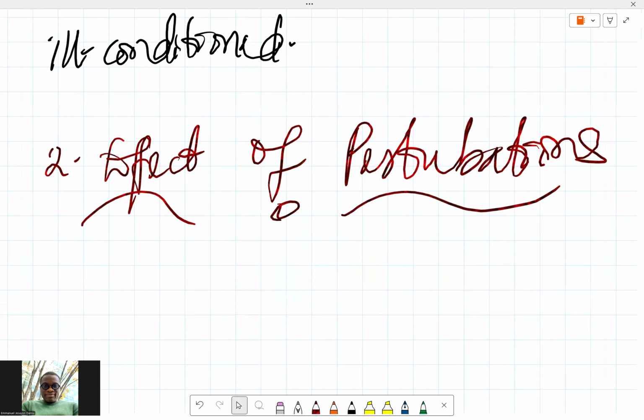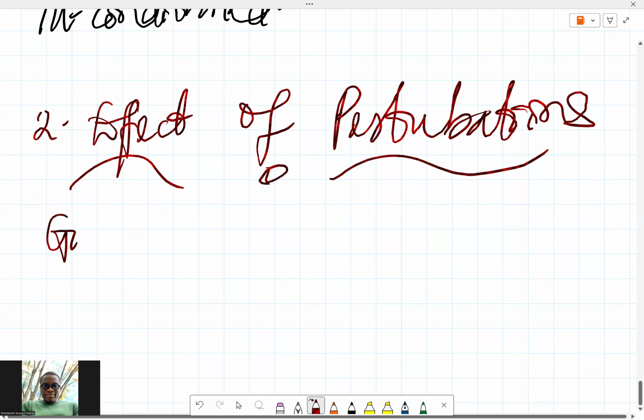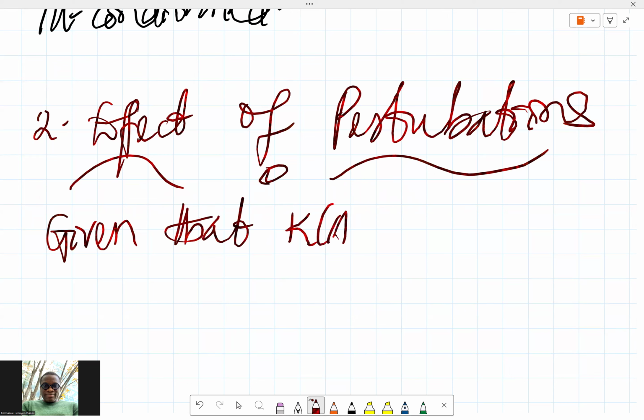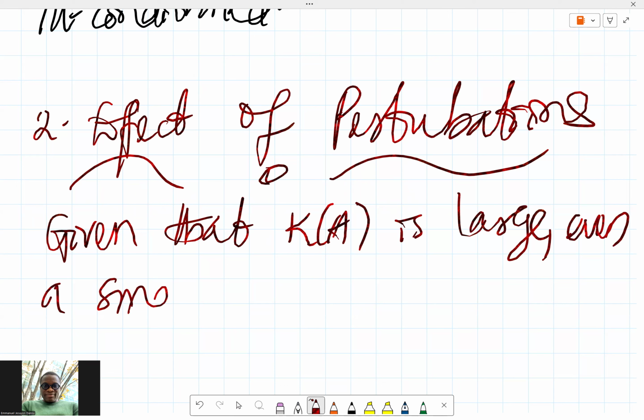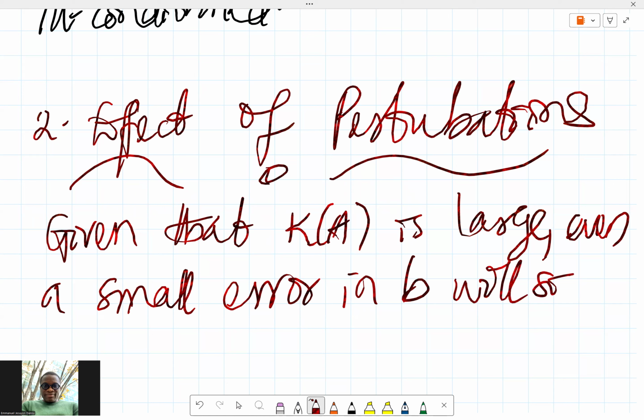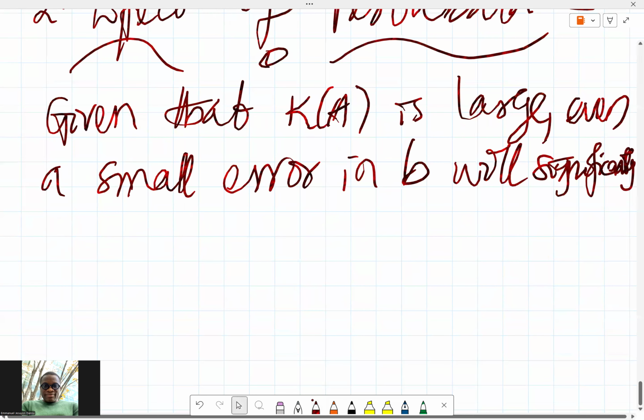Given that K of A is large, even a small error in B will significantly affect the solution X.